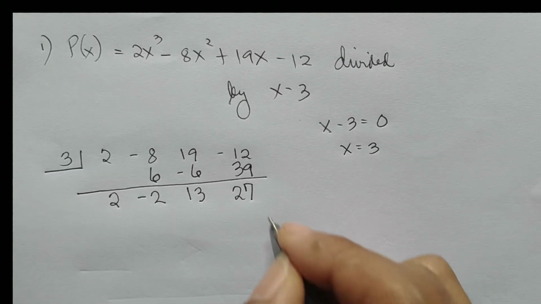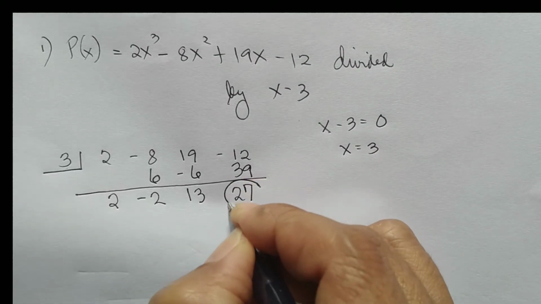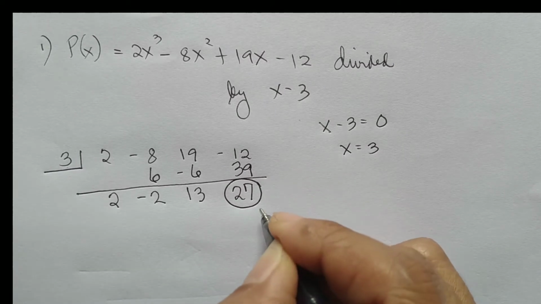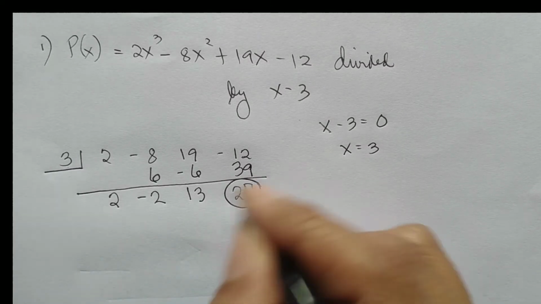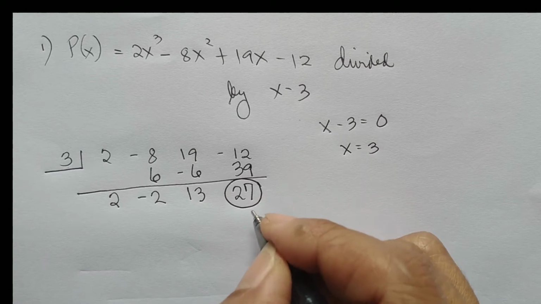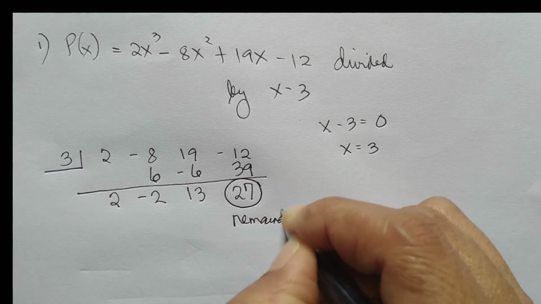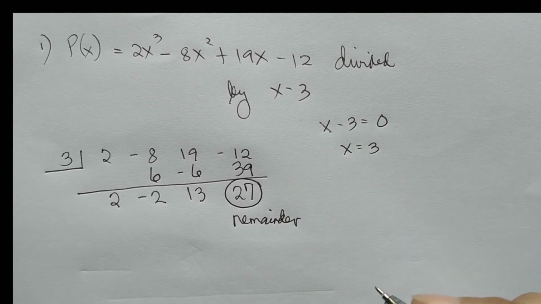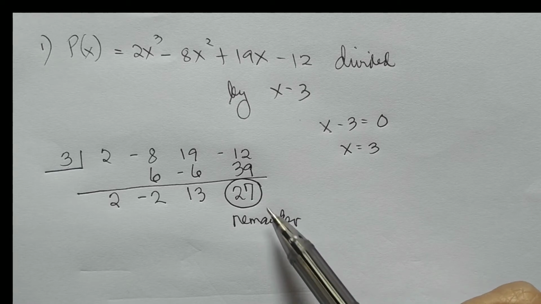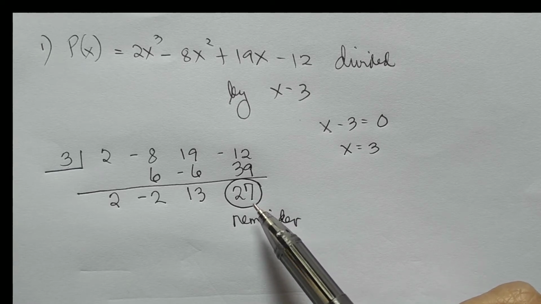As you have learned before, the last number in our third row in synthetic division is what we call the remainder. Now, what is the relationship of this remainder to our polynomial?